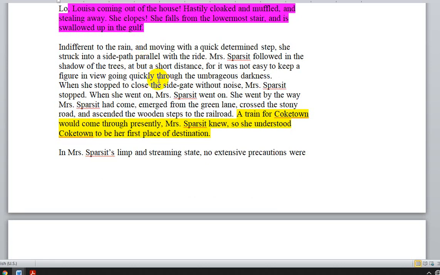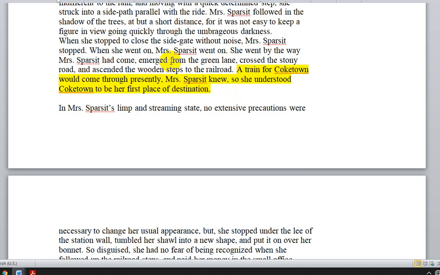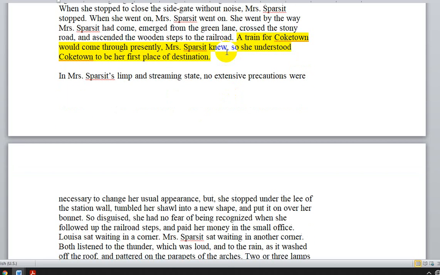Here we understand that Louisa is leaving her house in this rainy weather and moving somewhere else. Indifferent to the rain and moving with a quick, determined step, she goes to the train station. Of course Mrs. Sparsit follows her.